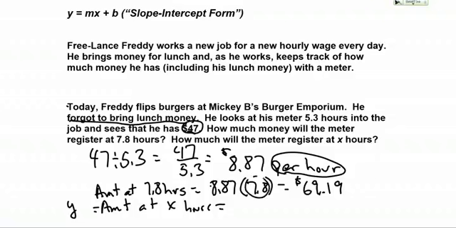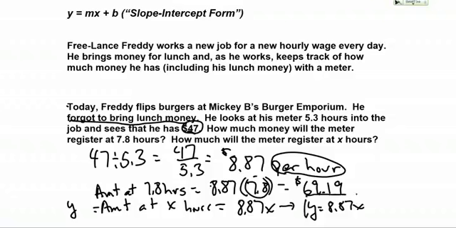We would have x copies of the $8.87 for each hour, and so that would be 8.87 times x. And so here we have a linear equation of the form y is equal to $8.87 per hour times x hours to give us the amount of dollars he has after working for that amount of time.